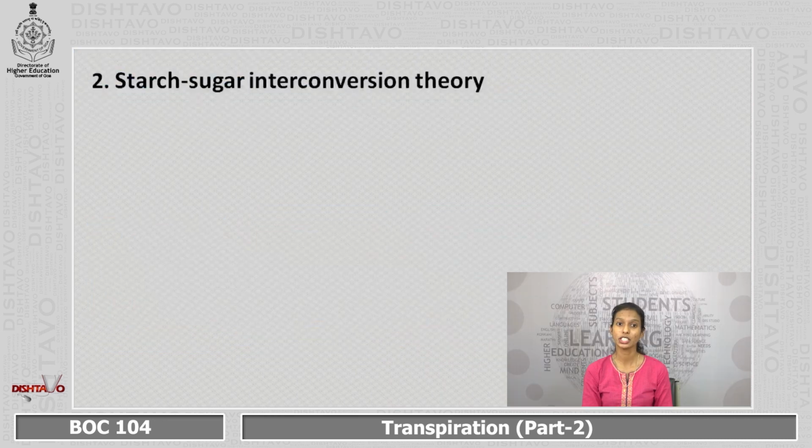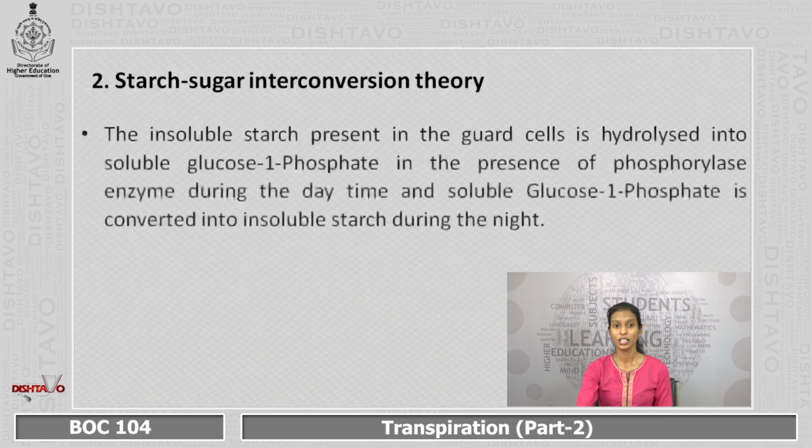The next theory is the starch-sugar interconversion theory. The insoluble starch present in the guard cells is hydrolyzed into soluble glucose 1-phosphate in the presence of phosphorylase enzyme during the daytime, and soluble glucose 1-phosphate is converted back into insoluble starch during the night.